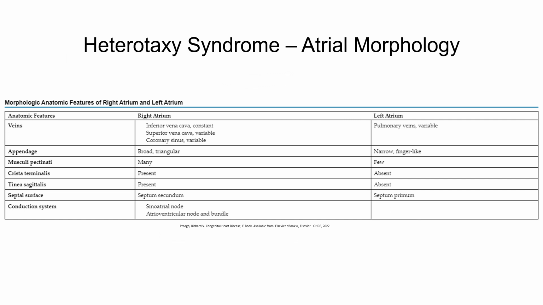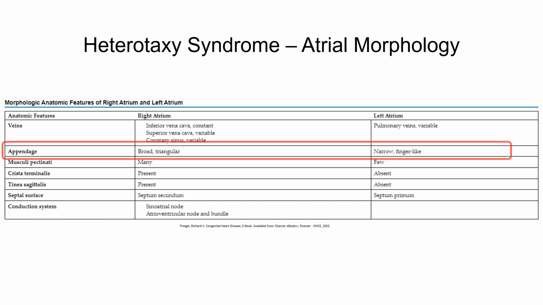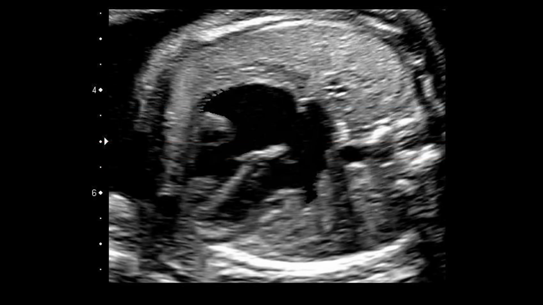So we've gone over the different features of each subtype of heterotaxy syndrome, but another feature can be used to discern between the subtypes, right atrial isomerism versus left atrial isomerism, and that is the atrial appendages. Now, in this four-chamber view, you can see clearly the atrial appendages, which have been highlighted here.